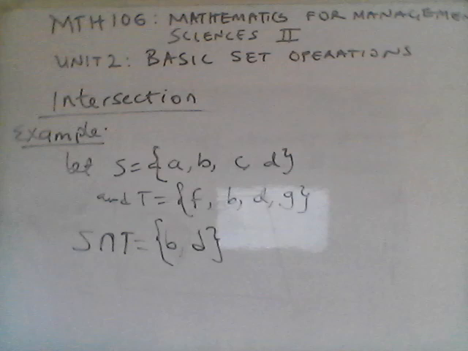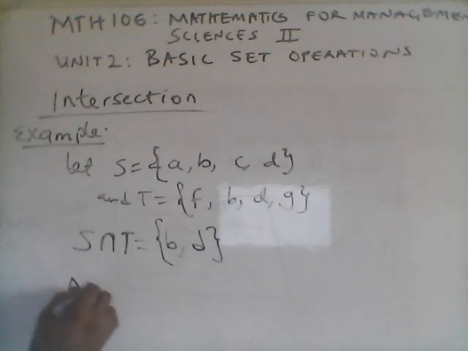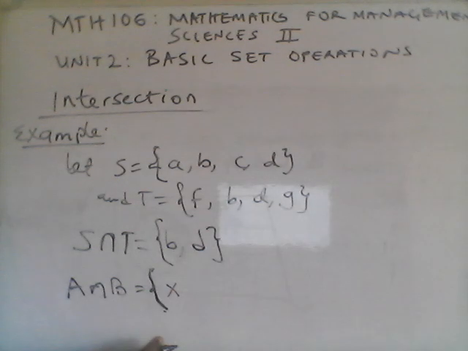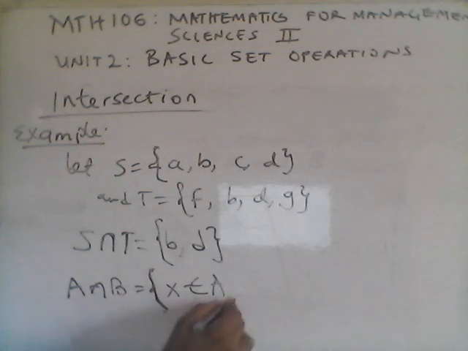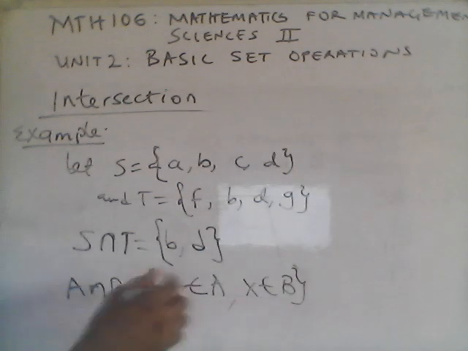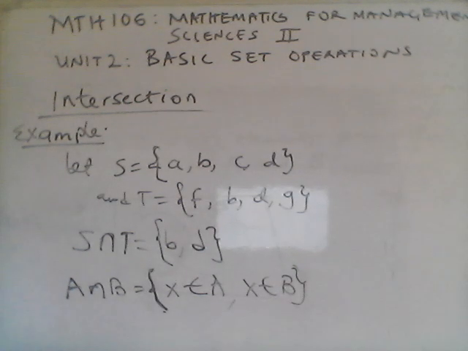So if I have A intersect B, it means that the set will contain element X that belongs to A and belongs to B. So you have set X that belongs to A, and belongs to B. The comma has the same meaning as and.